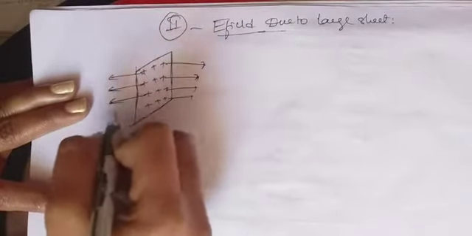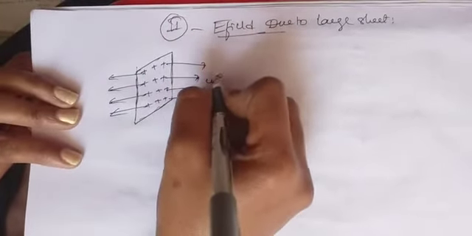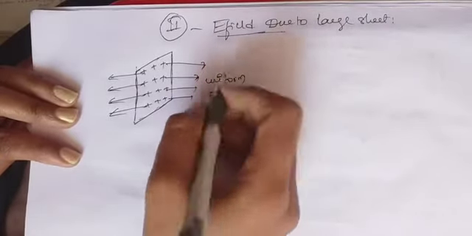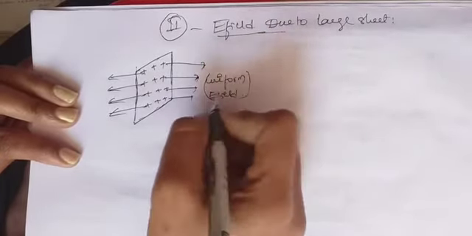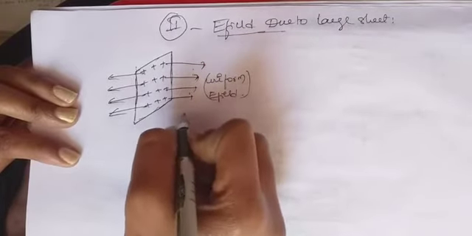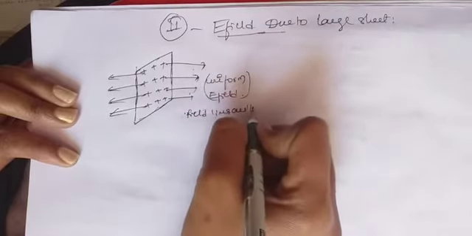Like this, these are the electric field lines. Uniform electric field means they do not intersect, so all the field lines are parallel lines.